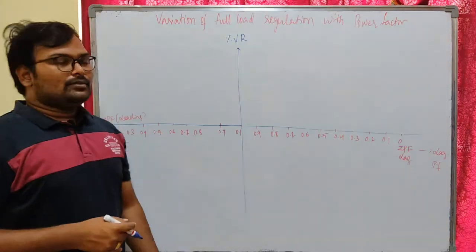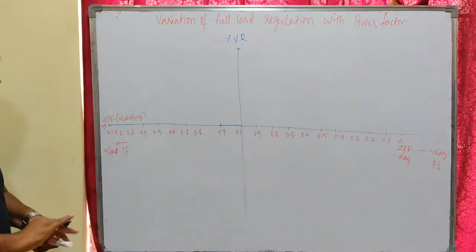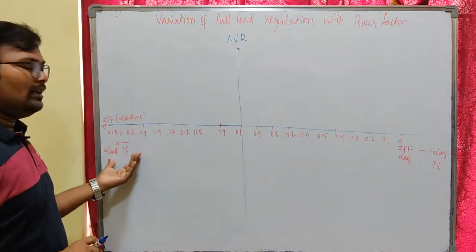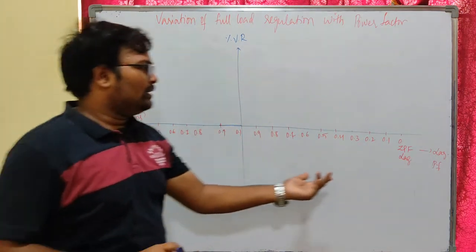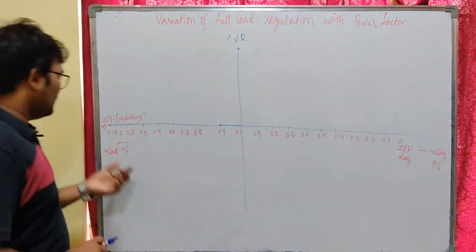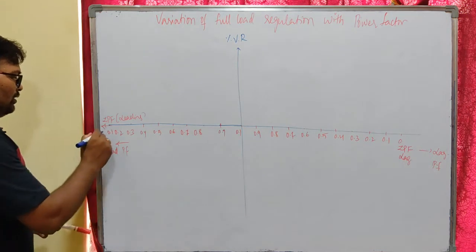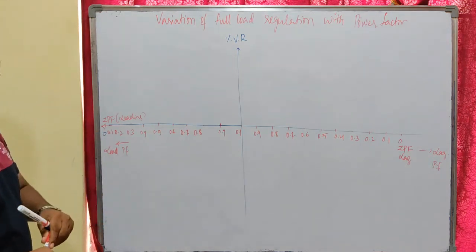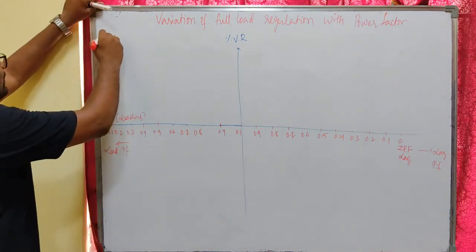Let us draw a curve so that we can understand it better. Let us plot the variation of full load regulation with power factor. The left side of our graph shows leading power factor and the right side shows lagging power factor. This is zero power factor lagging and here it is zero power factor leading. Now let us draw our voltage regulation curve on this graph. What is the condition for zero voltage regulation?